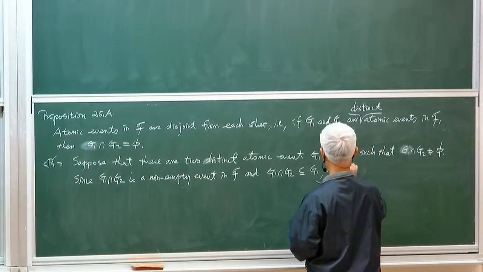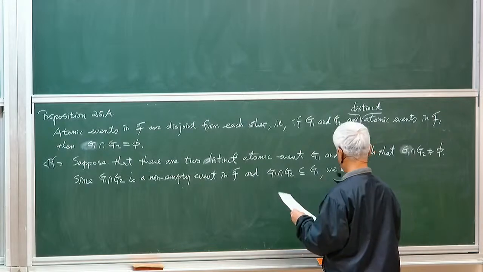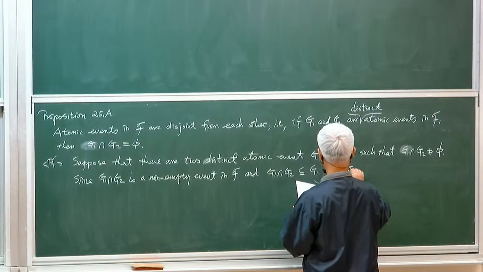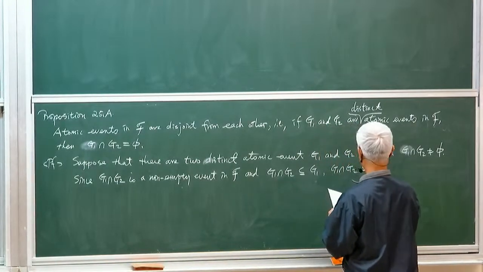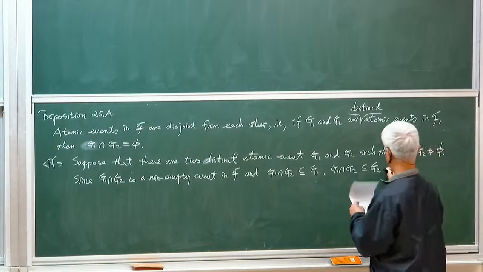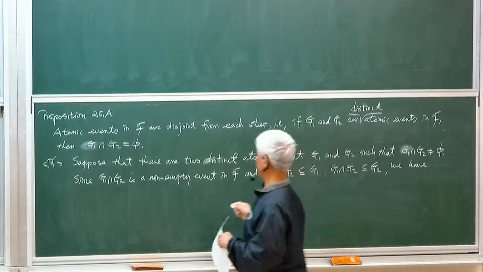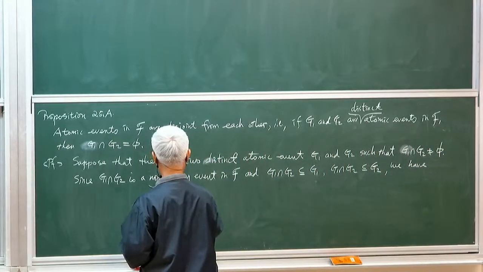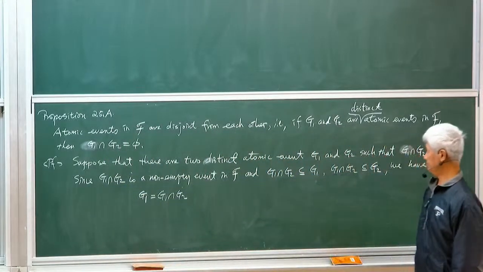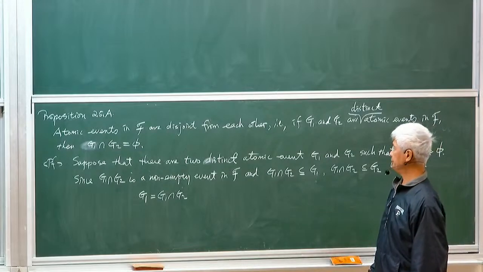So we have that G1 intersect G2, so this is G1, okay? By the minimality of atomic event, right?